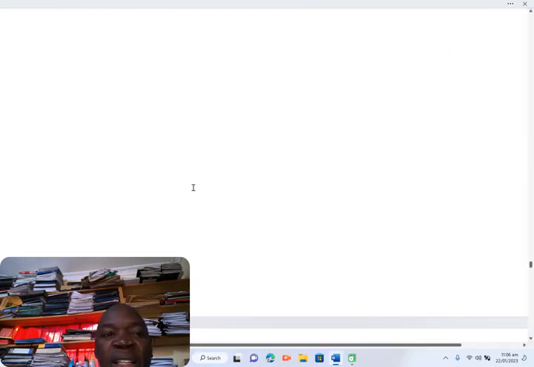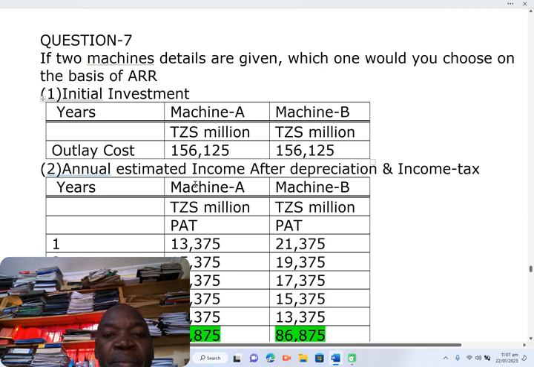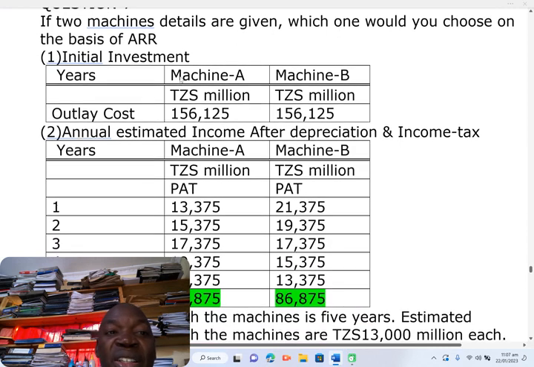Okay, let's see another component here. If two machines' details are given below, which one should be chosen on the basis of IRR? So there are two machines.